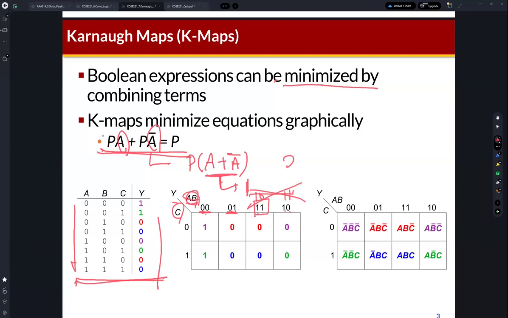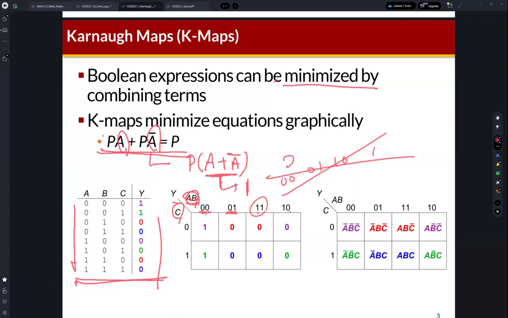For the Karnaugh map, after 01 we use 11 first, and then the next one is 10. This is very critical. Sometimes students are confused, thinking the order is 00, 01, 10, 11, but for the Karnaugh map we need to use 11 first.